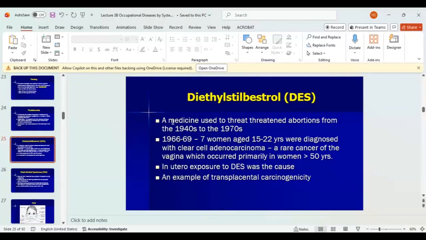And everybody was worried, but it didn't take them long to solve the mystery, because these young ladies who were presenting with adenocarcinoma of the vagina were the offspring of the women who were treated in pregnancy with diethylstilbestrol. So this is a classic example of what we call transplacental carcinogenicity, right?